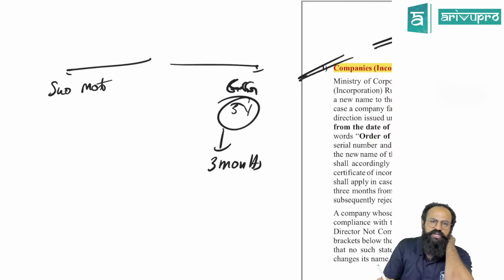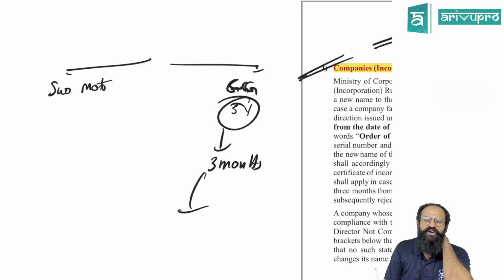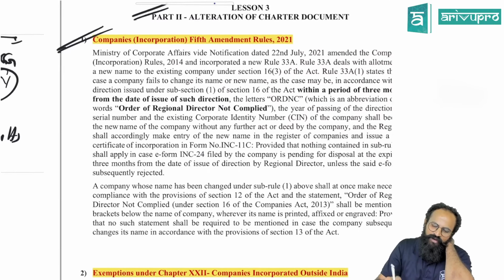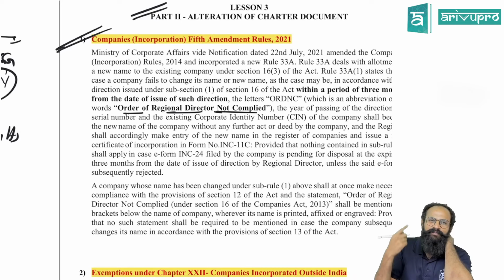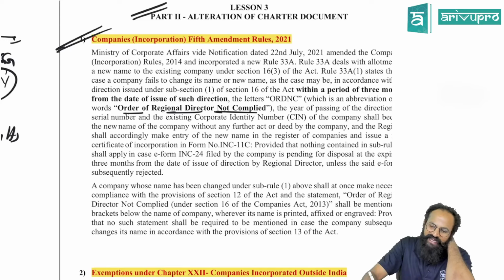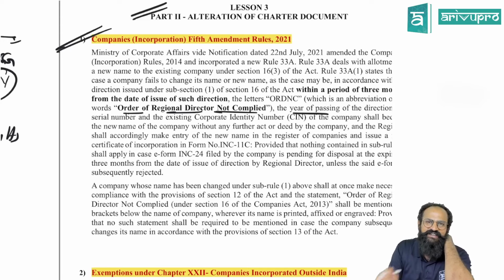Sir, what if I do not change in 3 months? Then central government itself will allot you a name. Sir, good, no, sir. Central government will not allot you a fancy name. They will allot this name: Order of Regional Director Not Complied. You have not complied with their order, so that only will become your name. ORDNC, yes, people. And the year of passing this order. Imagine it is given in 2023.